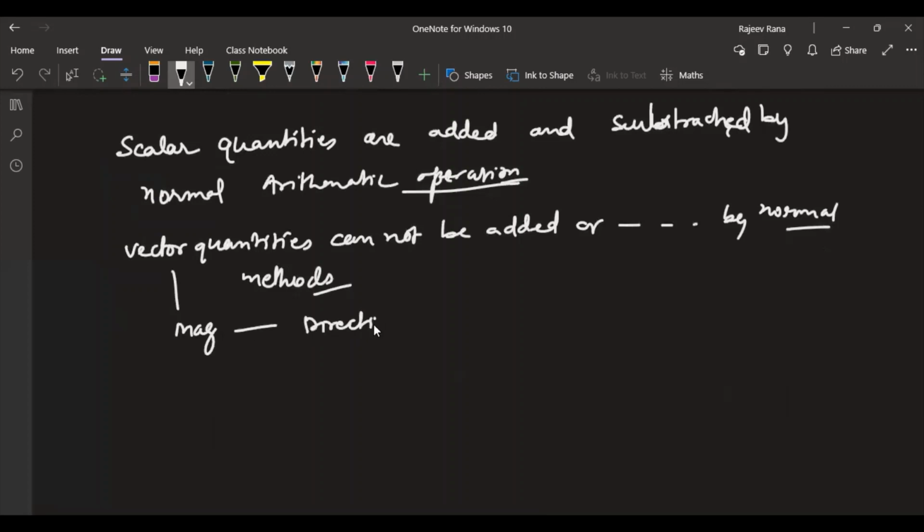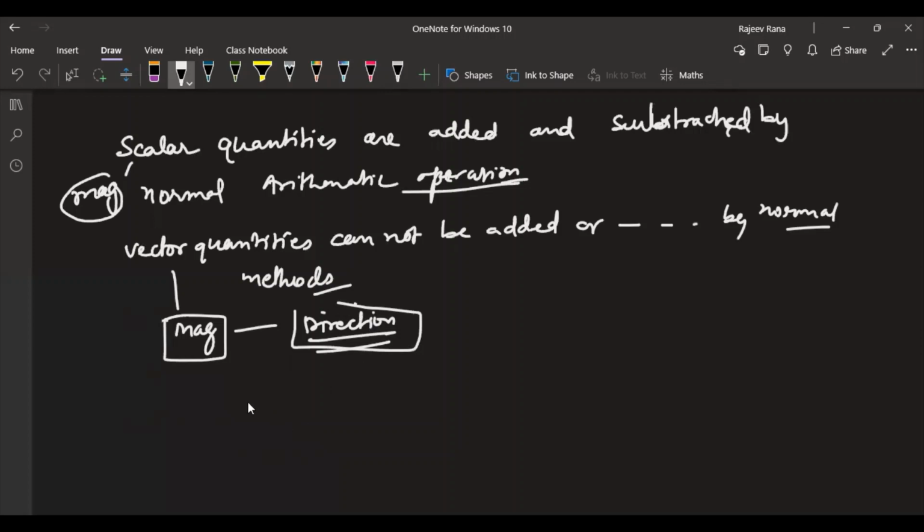So if you add them, direction also needs to be added up. Scalar has only magnitude, so you simply add, subtract, multiply them, and it doesn't make a difference. But in vector quantities, we have magnitude as well as direction, so whenever we add them, the direction also gets added up.